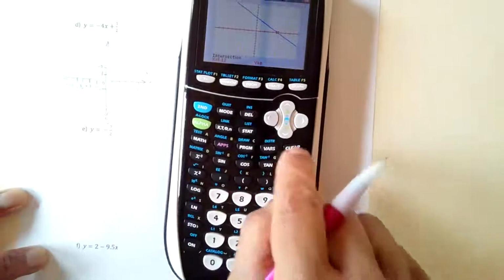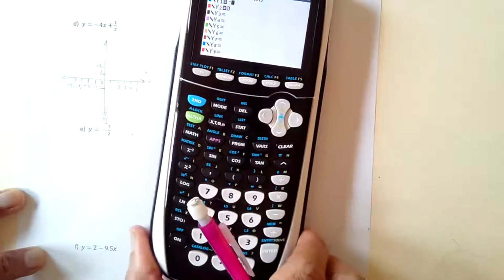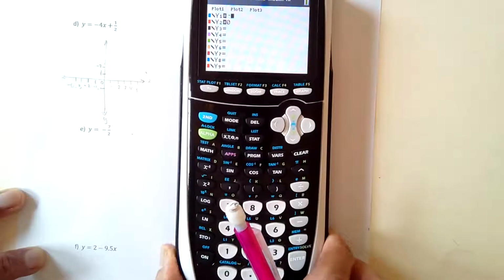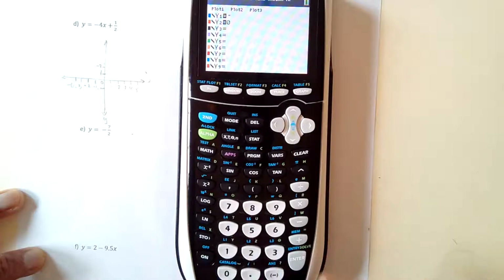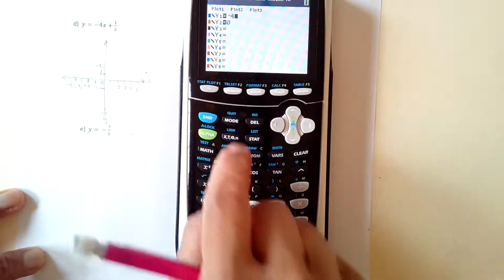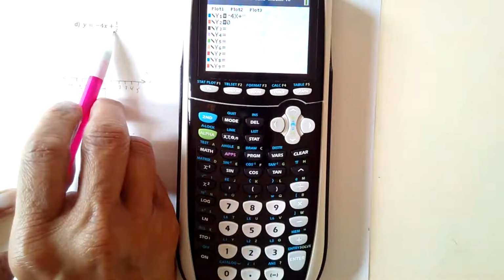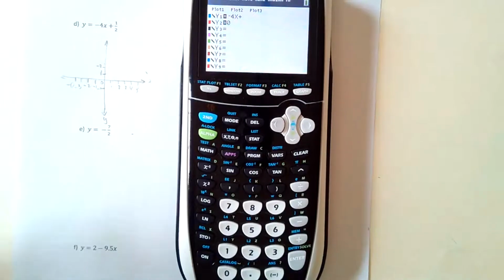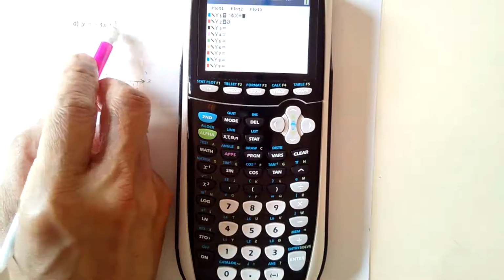So let's go to our graph, and we'll go y. Now we change that to -4x. Plus, now you can change it to 0.5, or if you're not happy with using decimals, you need to put your fraction into a bracket.